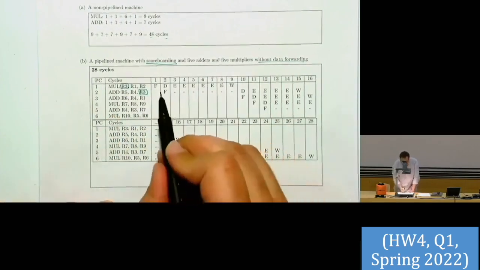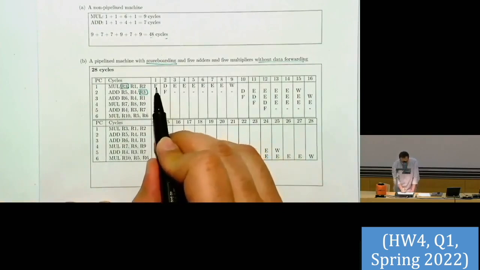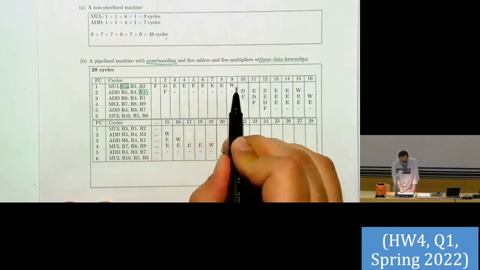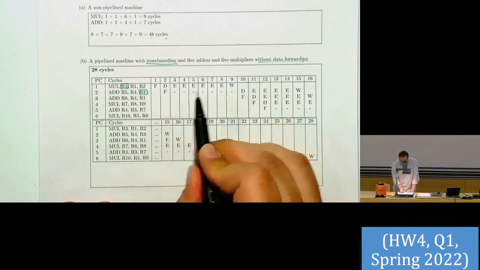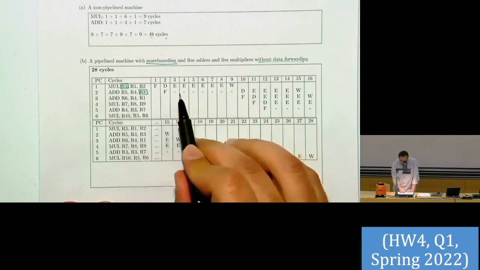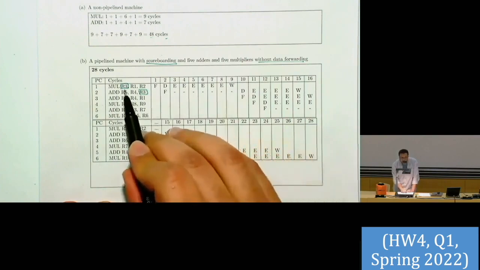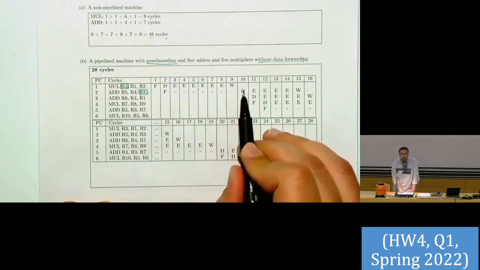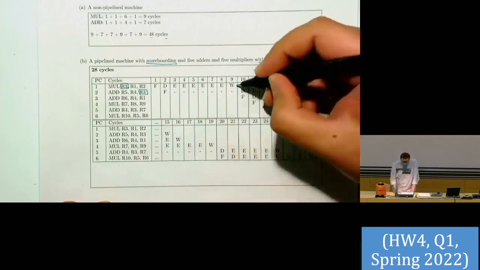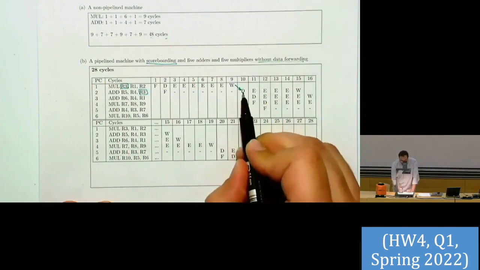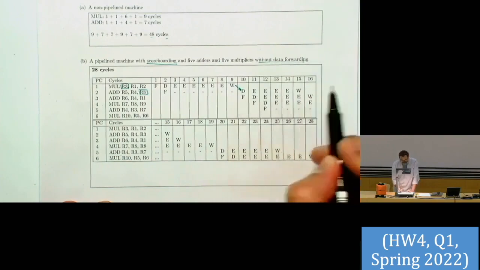As you can see, the mul gets in here, fetch, decode, and then it has 6 cycles of execution and then writes back. When you have the second instruction, you fetch it, and then you need to wait until the result of R3 is written back to the register file to be able to successfully finish decode. So we have this kind of dependency here. After write back, we decode and then continue, right?